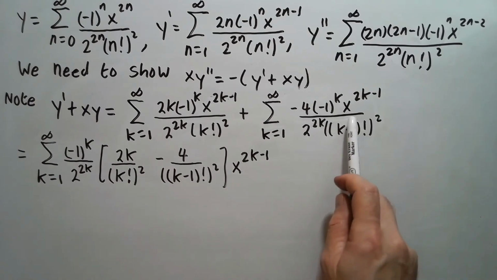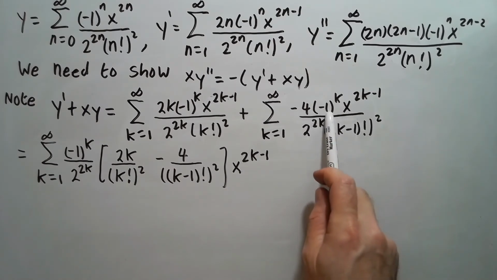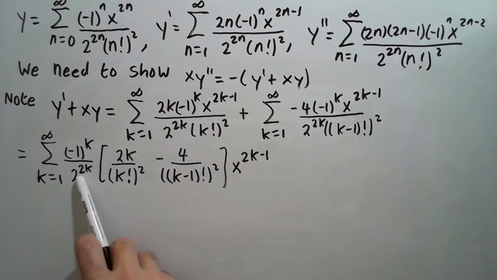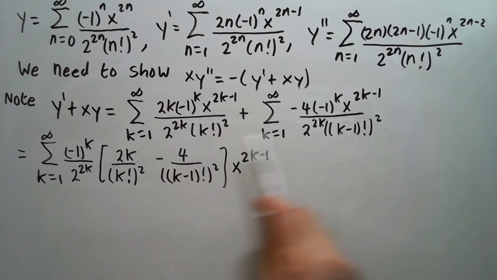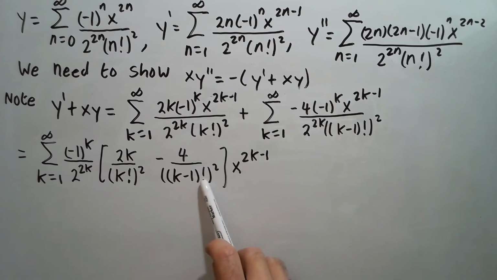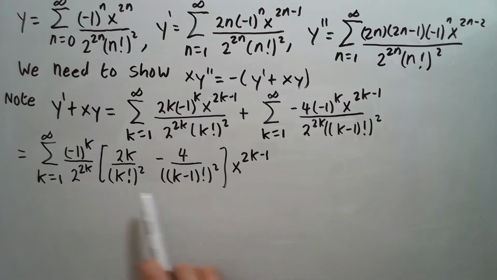And this one, factoring the minus 1 to the k out, it's over here, 2 to the 2k is here, leaving a negative 4 on top, and a k minus 1 factorial squared on the bottom. Okay, so I've written it as a single sum now. Now I want to combine these two fractions, so let's make an observation.